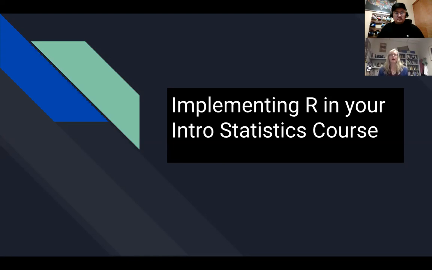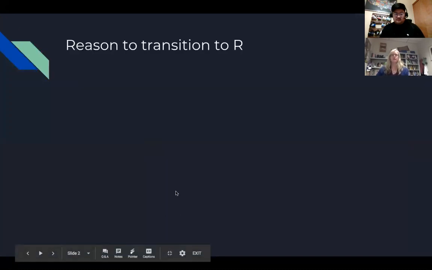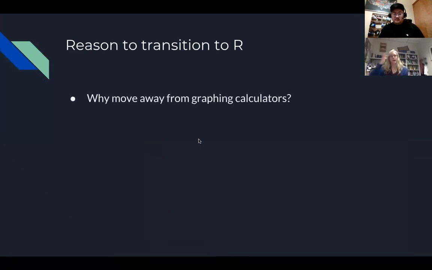But about 4 years ago, I had this idea of implementing R into my Intro to Stats course. And this would kind of talk about the process I went through to have this happen. So the reason I was transitioning to R is that I wanted to move away from graphing calculators.